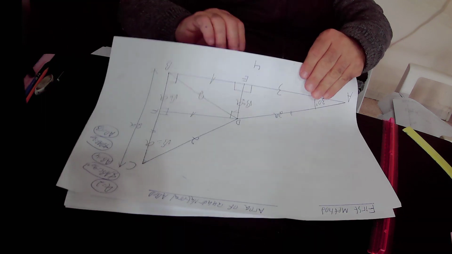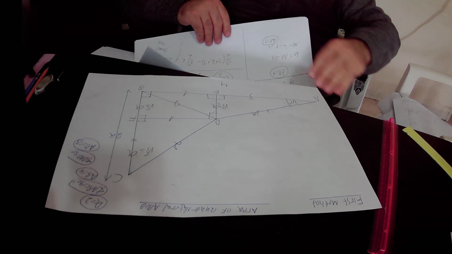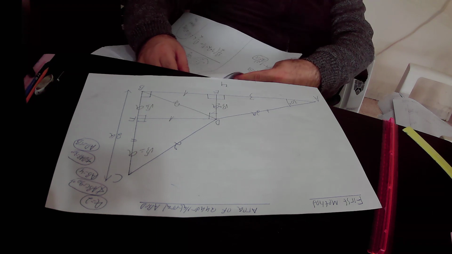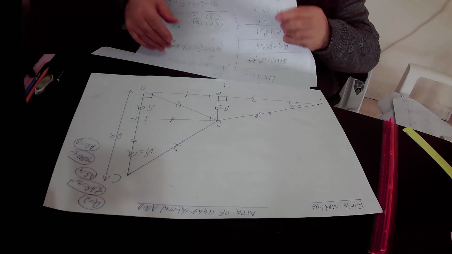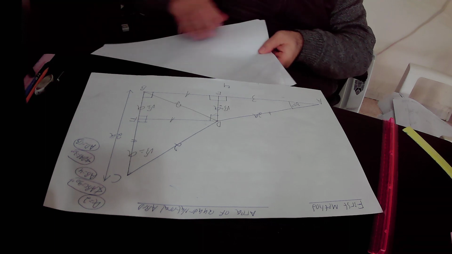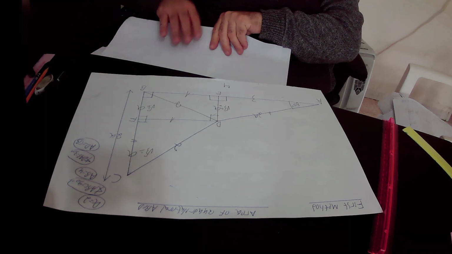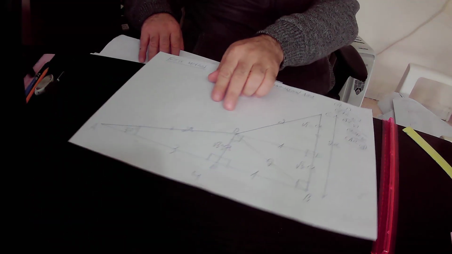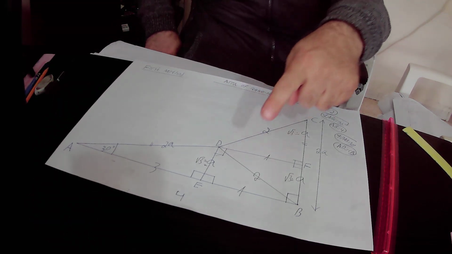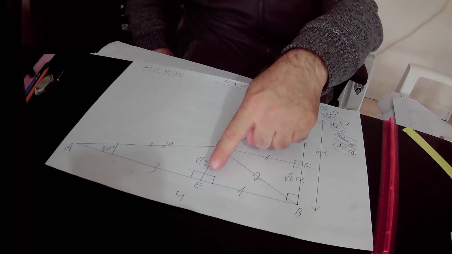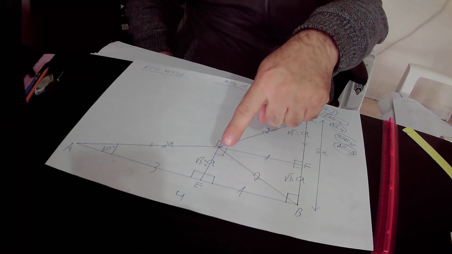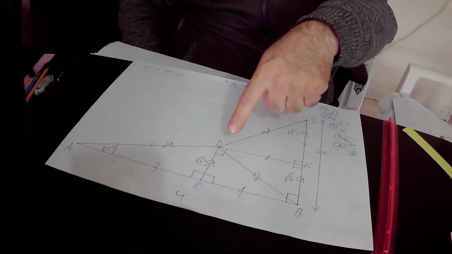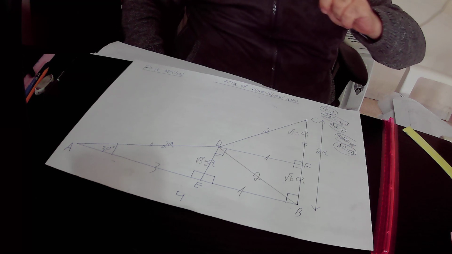In the first method, we did a construction from point D. We drew a perpendicular to AB, so this angle is 90 degrees and this angle is 90 degrees. We defined the touching point between the perpendicular from D to AB as point E.